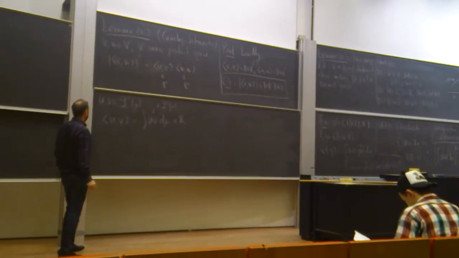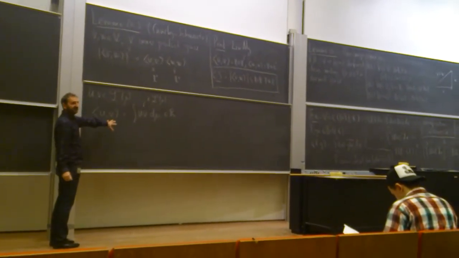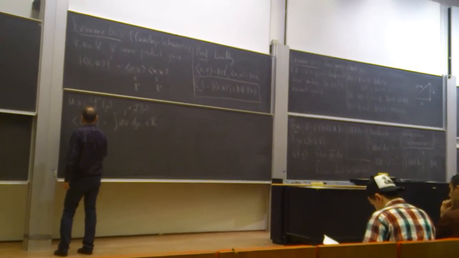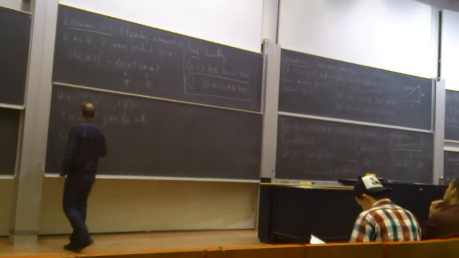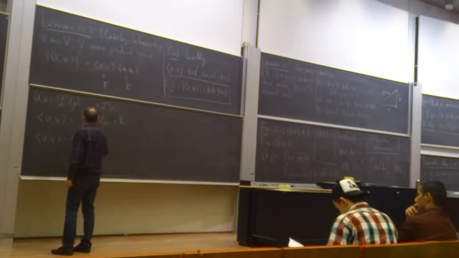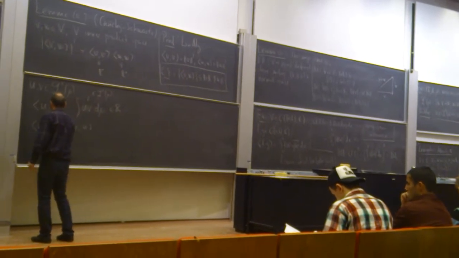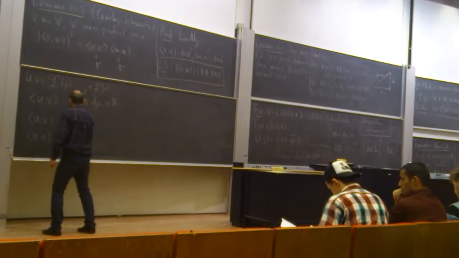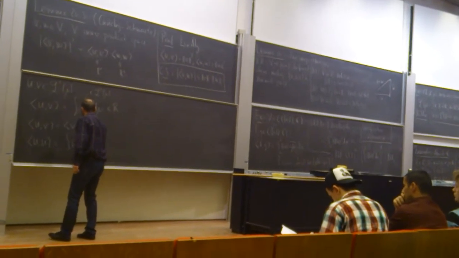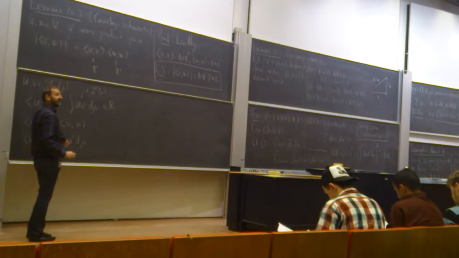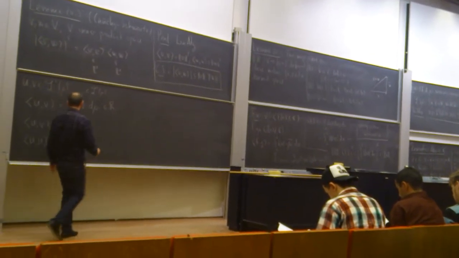One can check that it is linear in both variables, and it is symmetric. And also, if I take u inner product u, what does that give me? That is the integral of u squared d mu. And now these are real functions, so u squared is positive. So this is positive.